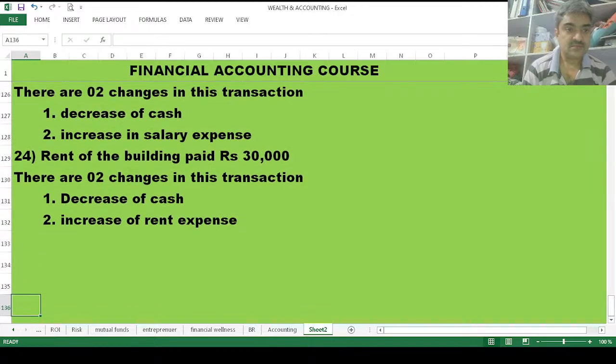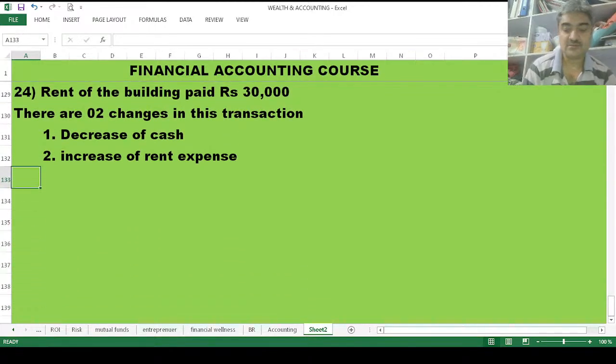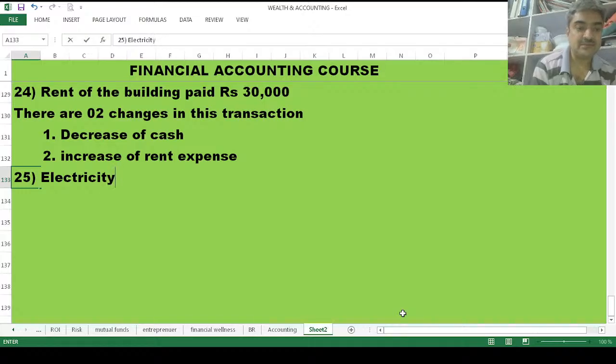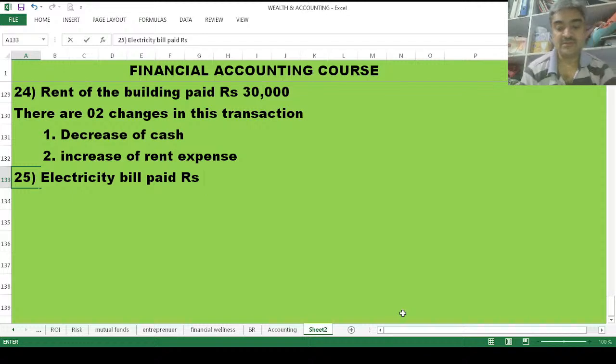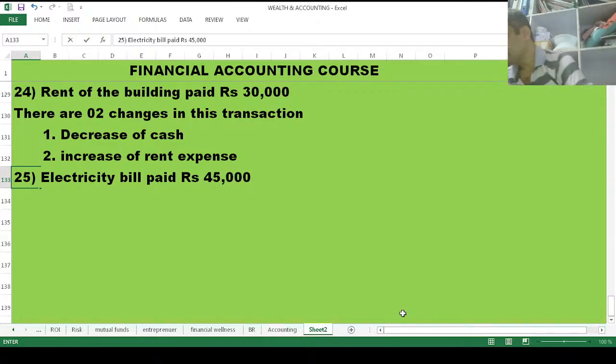The next transaction is number 25, which says electricity bill of the factory paid rupees 45,000. Okay, this transaction also has two effects.